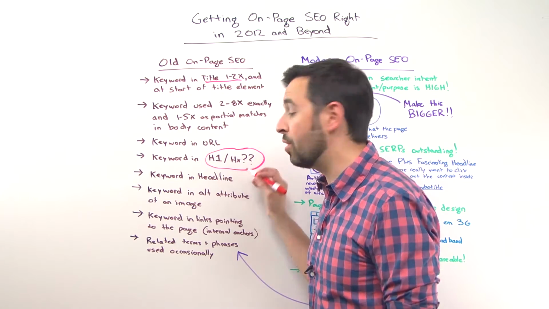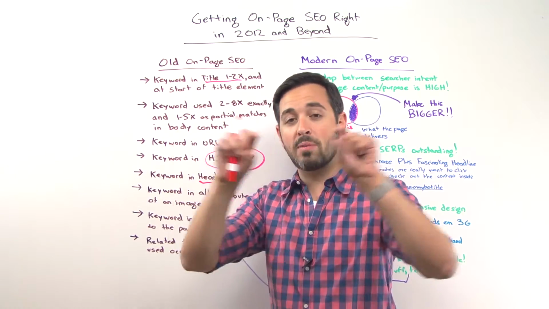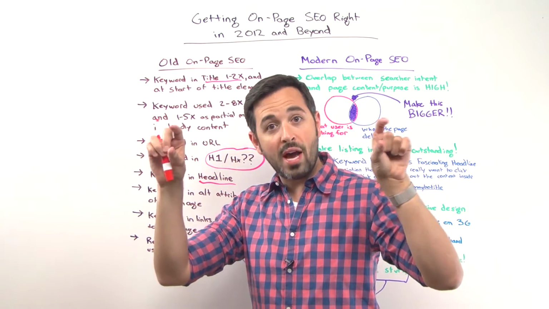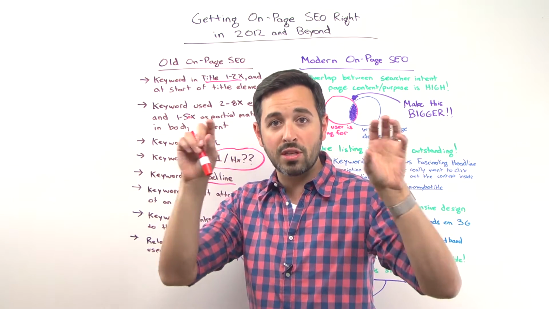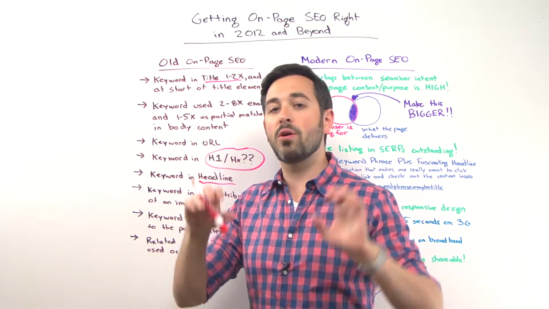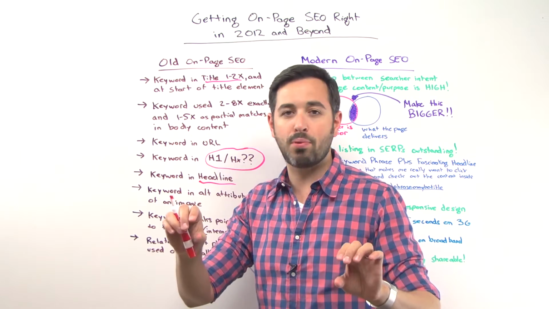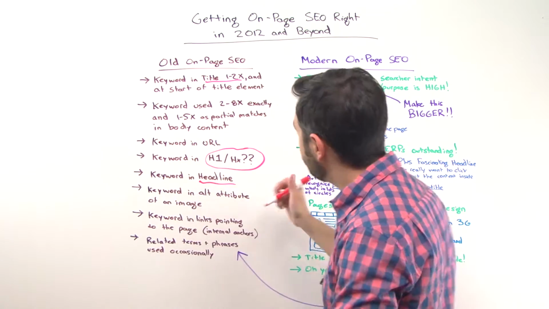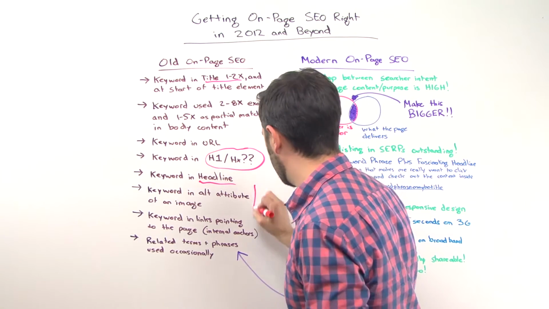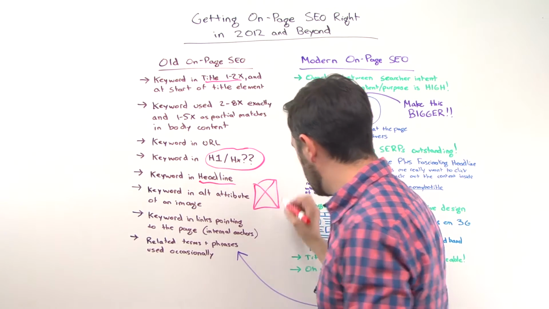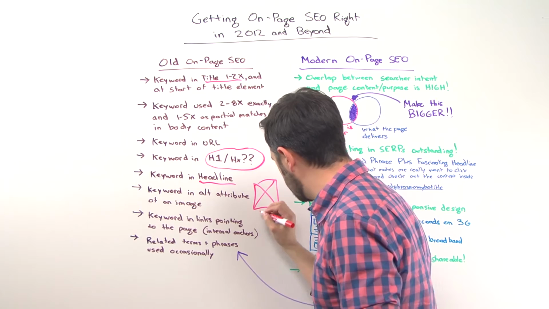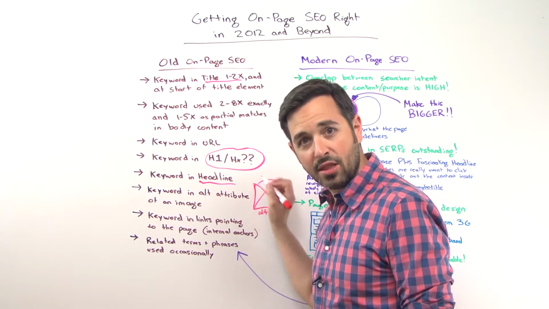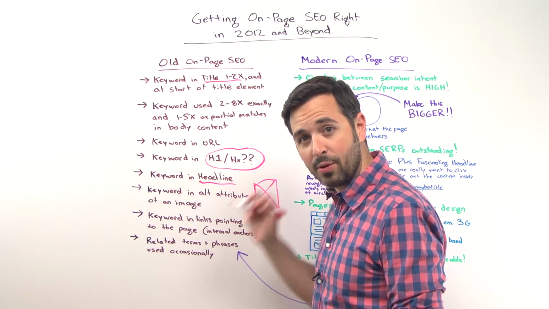But we do know we want to put it in the headline, so that when somebody gets to a page, they see, oh yeah, there's the keyword I was looking for in this article, or this blog post, or this e-commerce product page, or this category, whatever it is about the thing that I want. Keyword in the alt attribute. We have an image, and that image has an alt attribute in the code of the image tag itself, and we want the keyword in there.